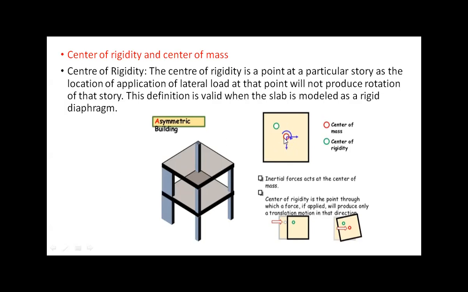At the center of rigidity, on one particular story, there is one point where the lateral loads act, and only translation motion is produced, not rotation at that point. It is called the center of rigidity. And center of mass means it is the point where all the forces are acting.